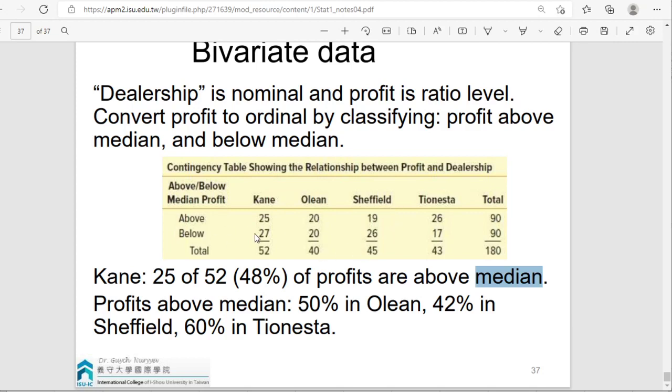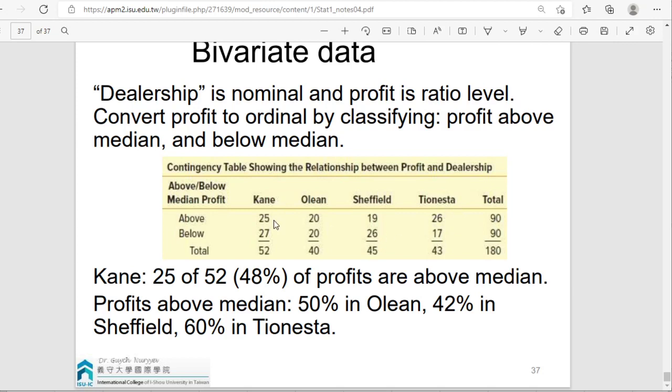In Sheffield, there are many more dealers with below median profits than above median profits, and so on. In this case, you might be able to see which of these dealerships is doing better than the rest. For example, Sheffield here is doing really poorly because a lot of the agents in Sheffield are below the median with the profits that they generate selling cars for you.